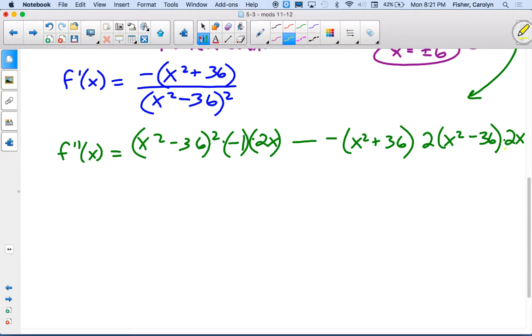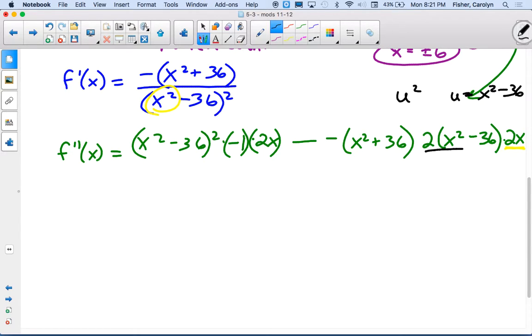Hopefully you caught that was chain rule right there, that multiplying by the 2x is the derivative of that x squared. So you could have done this with u squared, where u is x squared minus 36.